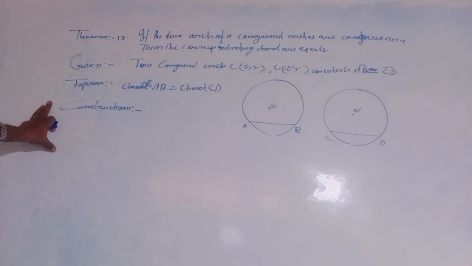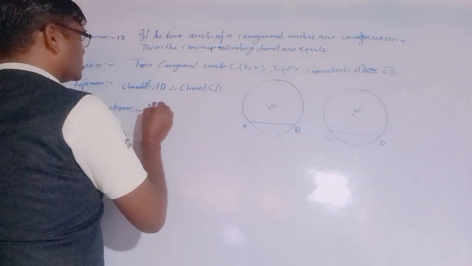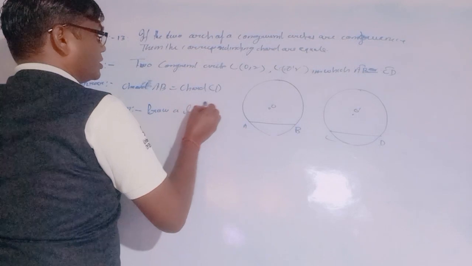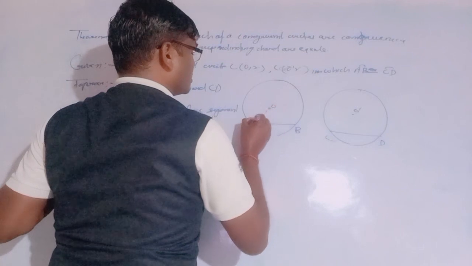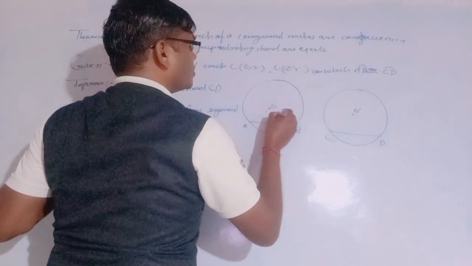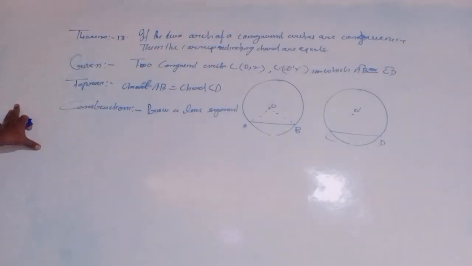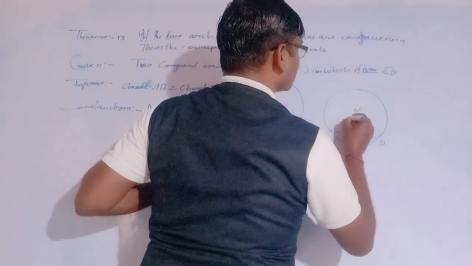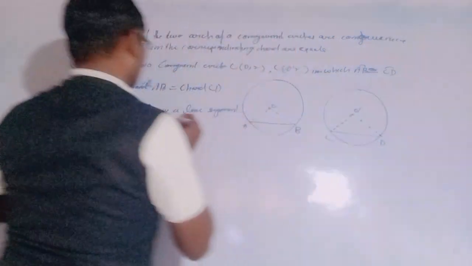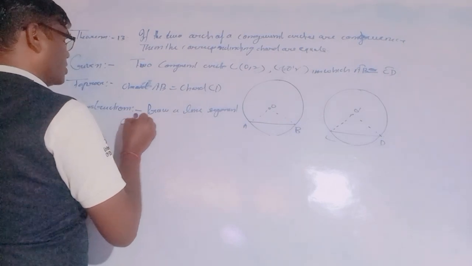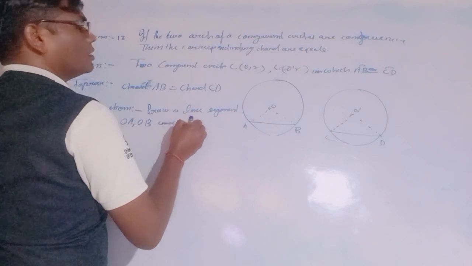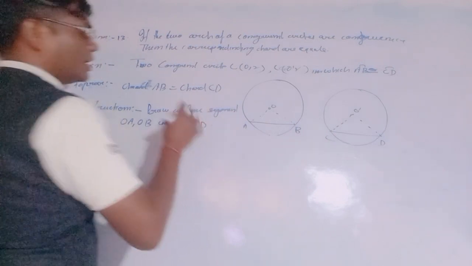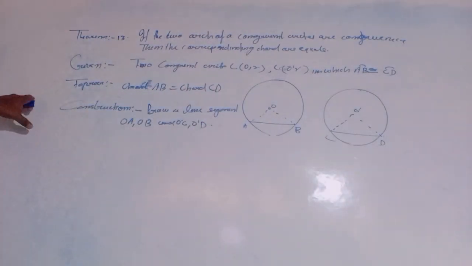According to the construction, draw line segments OA, OB, O dash C and O dash D. We have drawn them here one by one and are showing you.